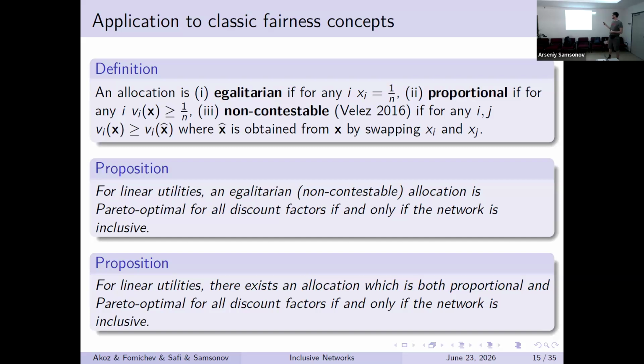Right, and so the proposition is that if we have linear utilities, then we can have an allocation which is Pareto efficient for all discount factors, and which also has any of these properties, if and only if the network is inclusive.